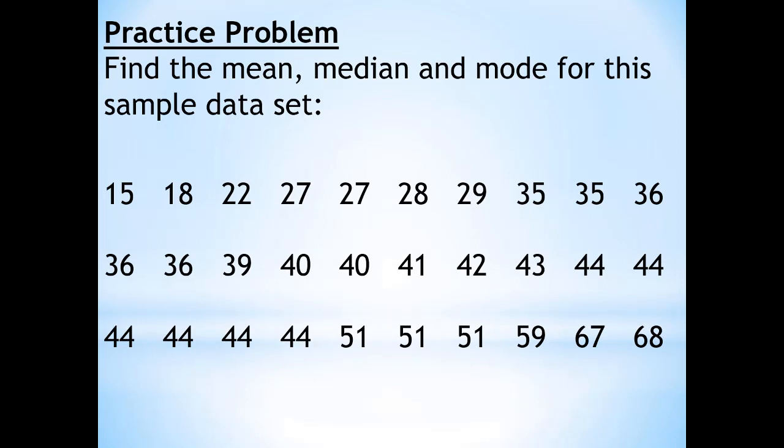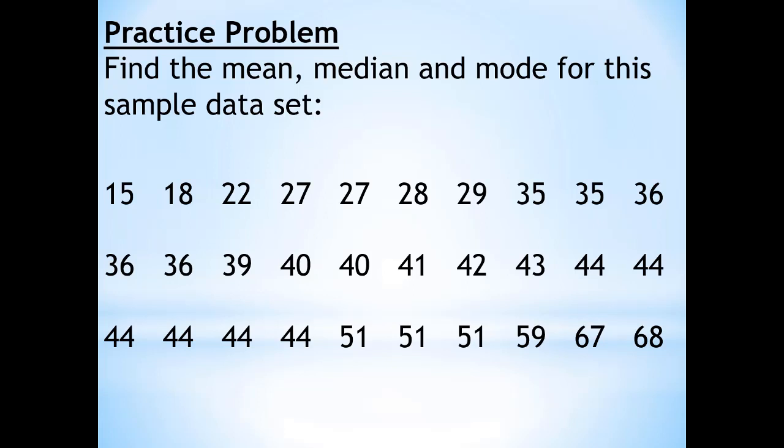We've got 15, 18, 22, 27, 27, 28, 29, 35, 35, 36, 36, 36, 39, 40, 40, 41, 42, 43, 44, 44, 44, 44, 44, 44, 51, 51, 51, 59, 67, and 68.